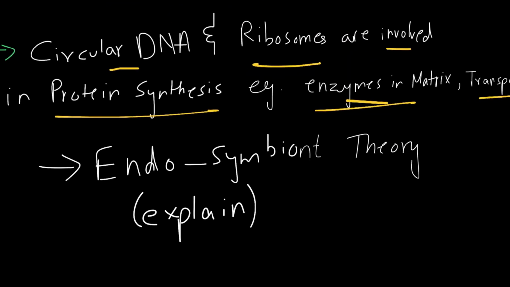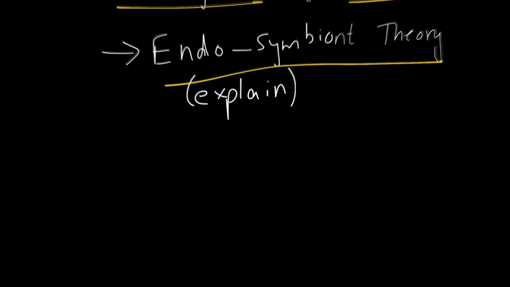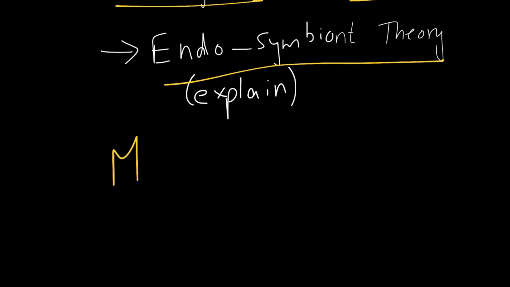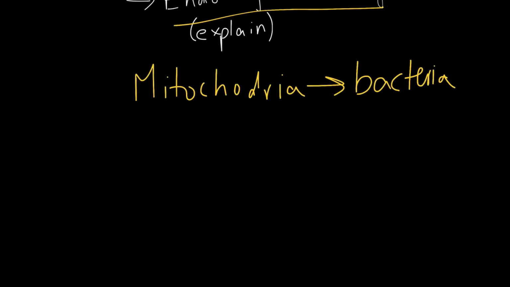Now the endosymbiont theory is what I'll be explaining right now. Basically, what the endosymbiont theory states is that mitochondria developed from prokaryotic cells, or in terms of bacteria, and I'll explain how.